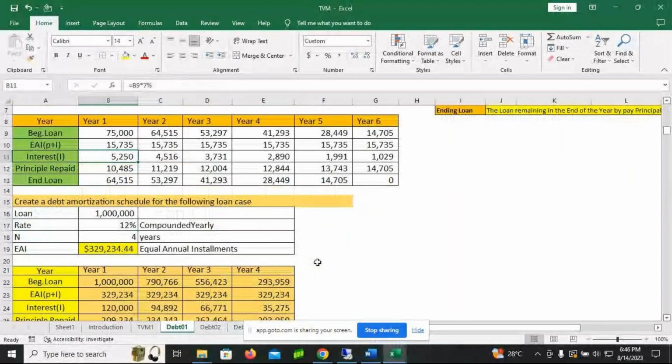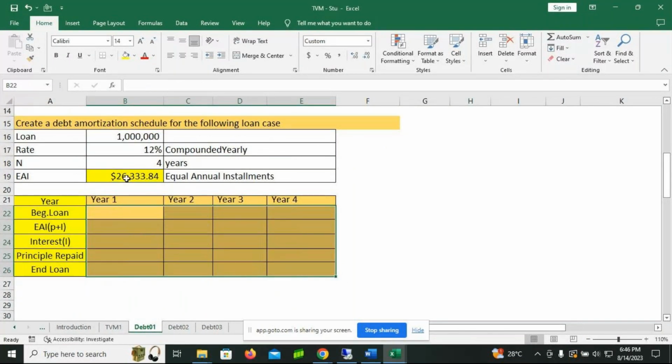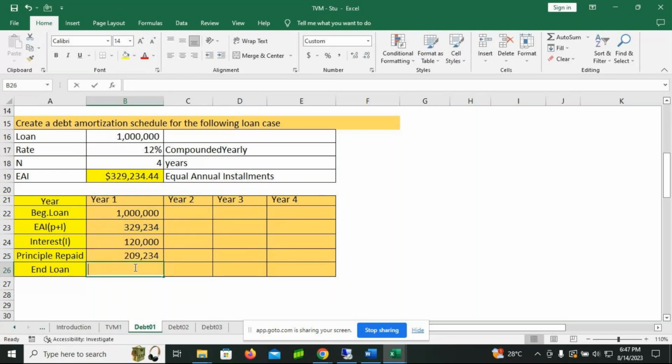Okay, the actual value was correct. Then it was not like I should not divide it or I should multiply it. So here 1 lakh, EMI, interest into 12%, principal repaid EMI minus interest, end loan will be 1 lakh minus principal repaid.